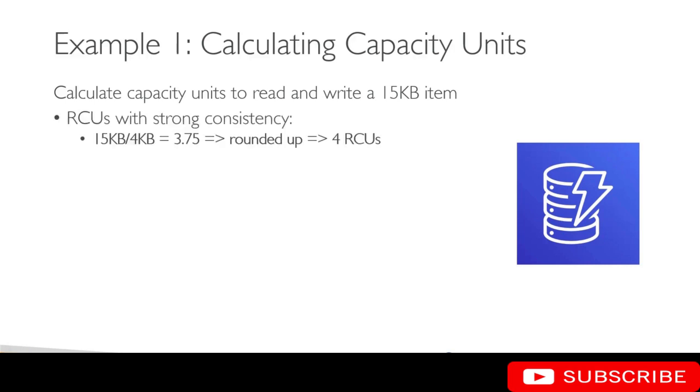So for RCUs with strong consistency, a 15 KB item will be divided into 4 KB chunks, so you get 3.75, which rounded up comes up to 4 RCUs. So with strong consistency, reading a 15 KB item will consume about 4 RCUs.